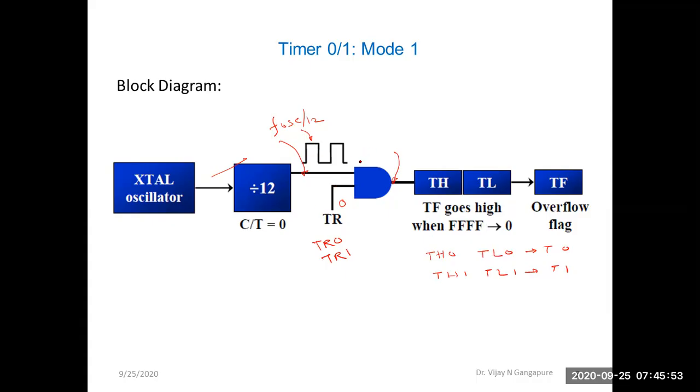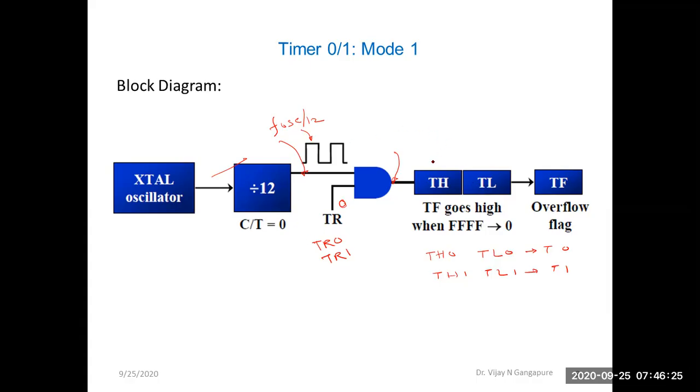In case of timer 0 this bit will be TR0, in case of timer 1 this bit will be TR1. If this bit is 0, these pulses will not reach the output of this AND gate, so they do not reach this timer register, and the count in this timer register will not be affected.